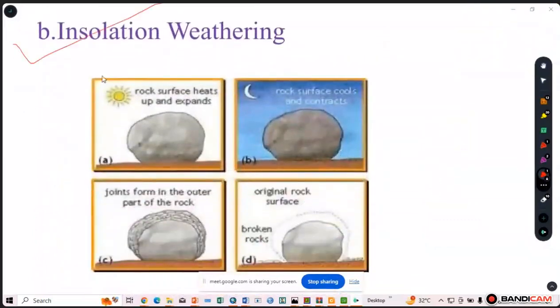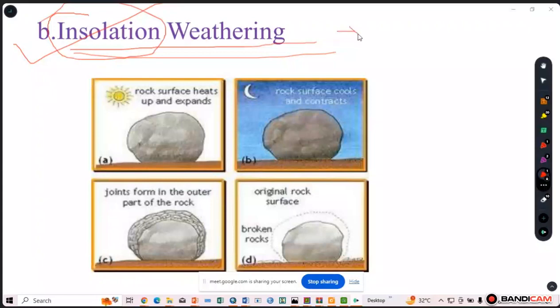Next, we are going to read the insolation process. What is the insolation process? Insolation means sunlight. How does sunlight help break down a rock? Suppose this is a rock, a parent rock, exposed to the atmosphere.